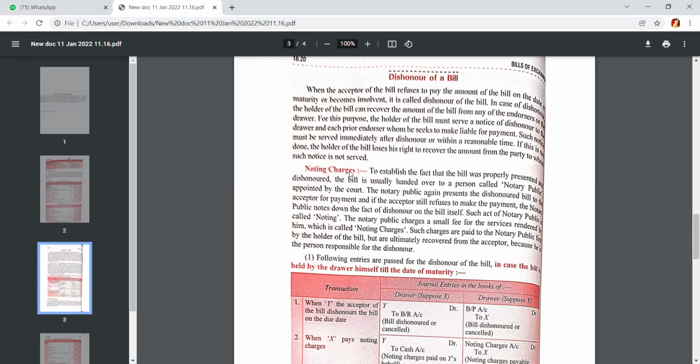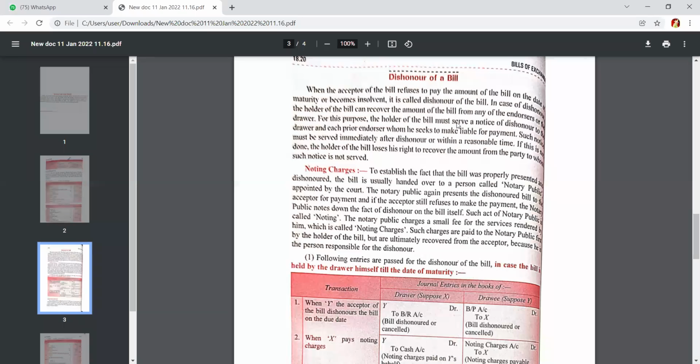The notary public puts down the fact of the dishonor of the bill, and such an act of the notary public is known as noting. The notary public charges a small fee for the service rendered by him, which is called the noting charges.